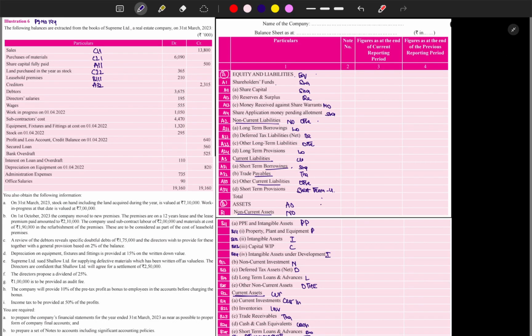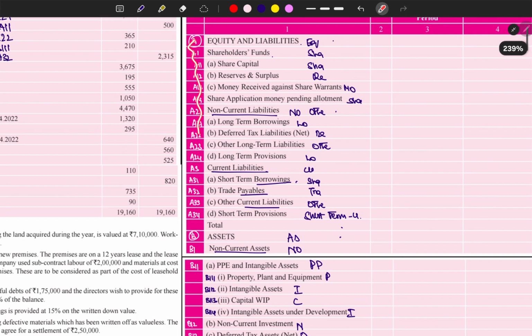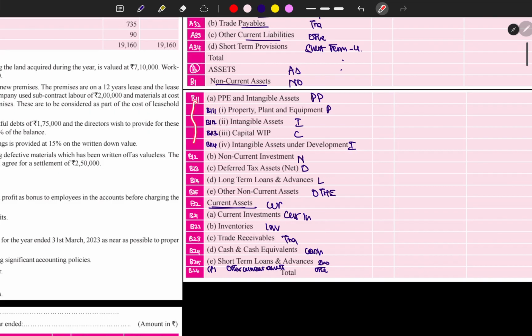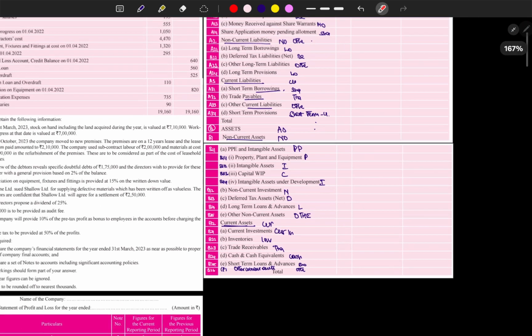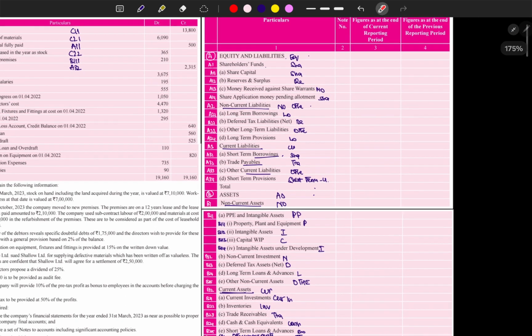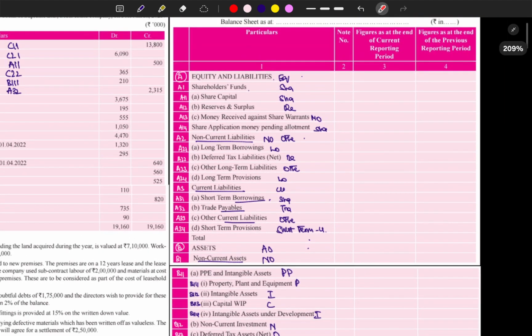I have given a few numbers here, for the purpose of structuring, to solve these problems in a quick manner.